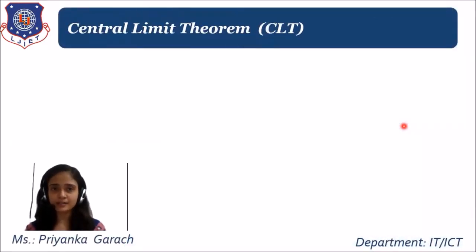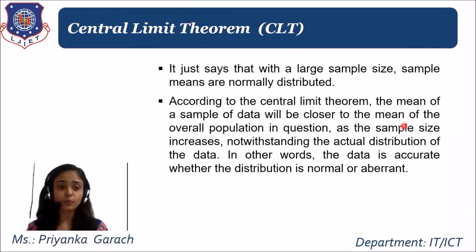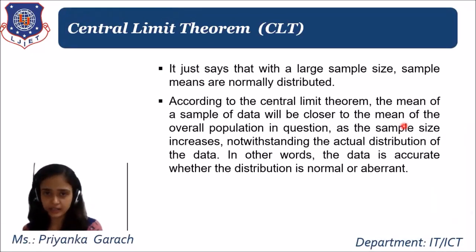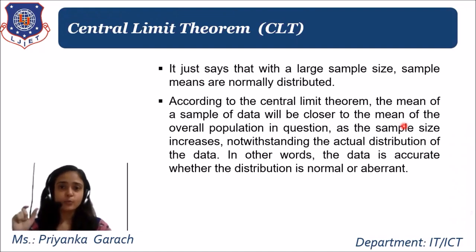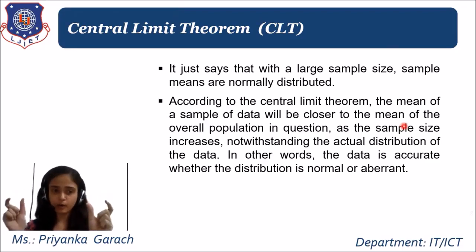The first topic is the central limit theorem. So we have to see what the central limit theorem says. It says that with a large sample size, the sample means are normally distributed. In this unit number 4, we are talking about the population and the sample.